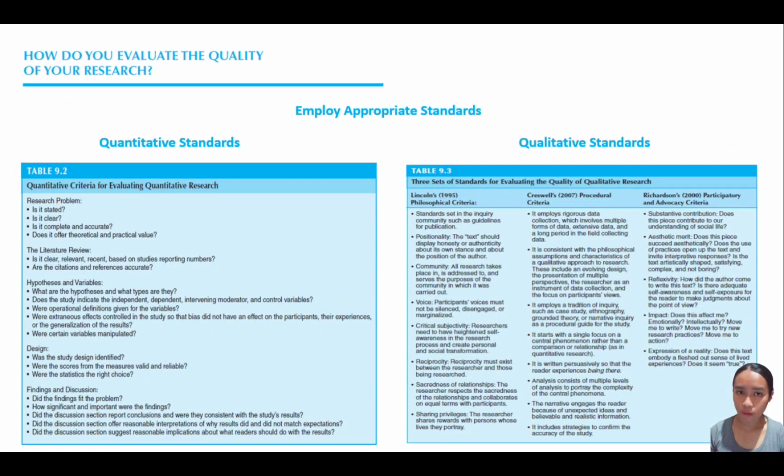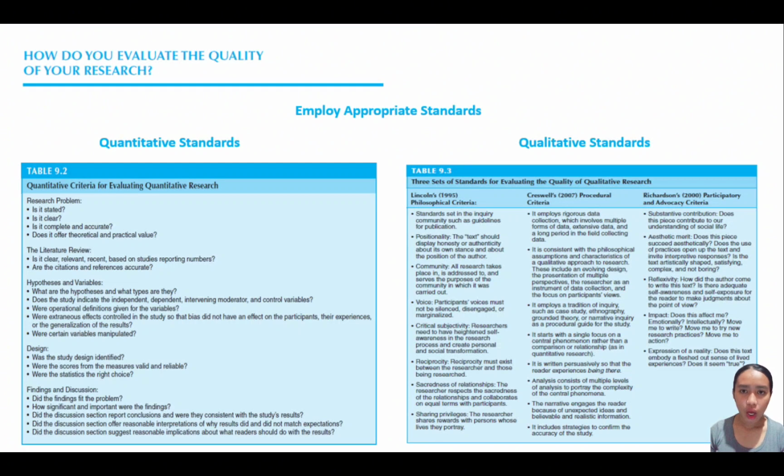So let us explore Lincoln's philosophical criteria in 1995. First are standards set in the inquiry community, such as guidance for publication. These are guidelines set within the research community, particularly concerning publication practices and ethical standards.